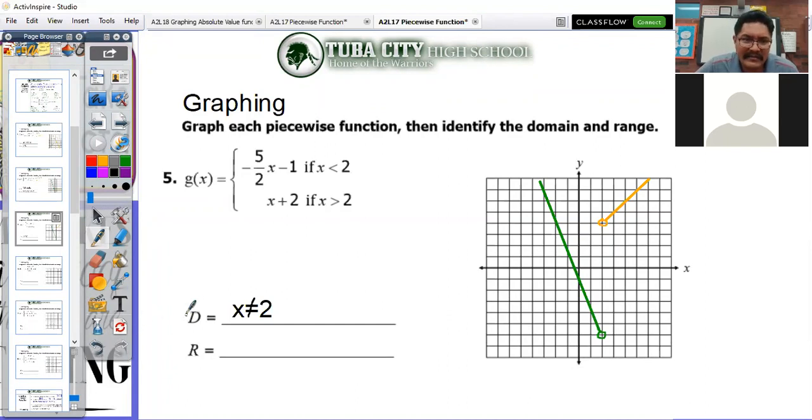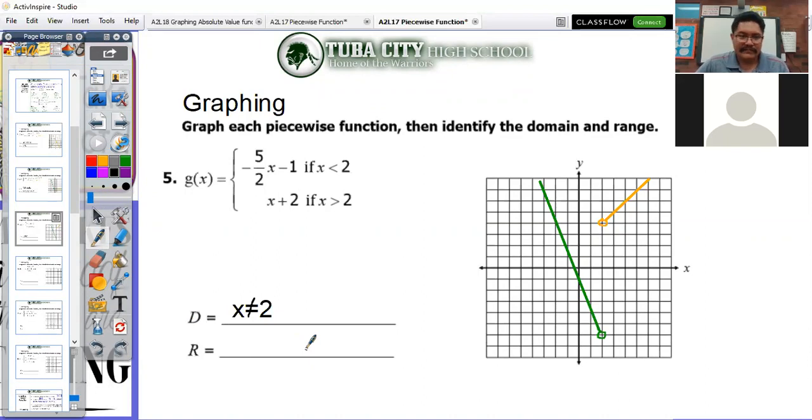And again, maybe I'll just mention it here, because I know some people are pretty good at set builder notation. Set builder notation would look something like that, and it would read any x such that x is not 2. And again, that just means anything as long as it's not 2. Or you could put all real numbers except x equals 2. Or just keep it very simple like the way I did. Just say x is not 2.